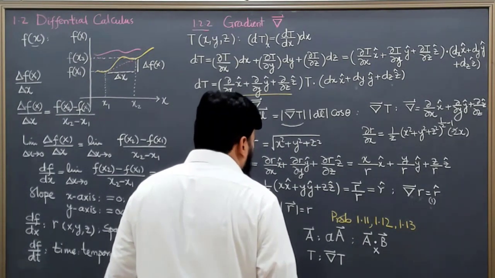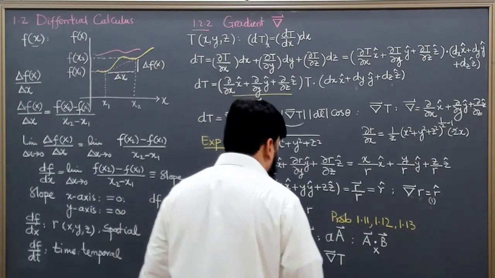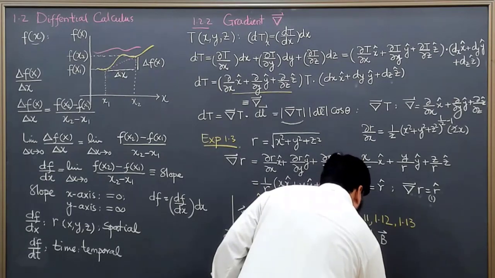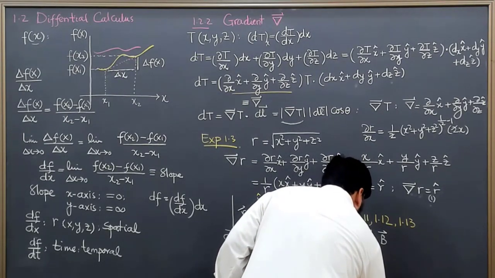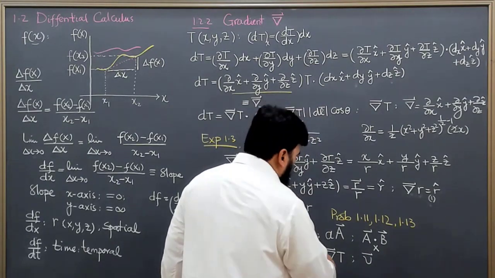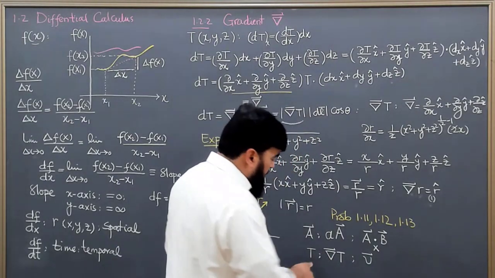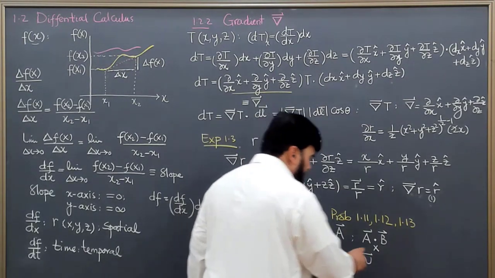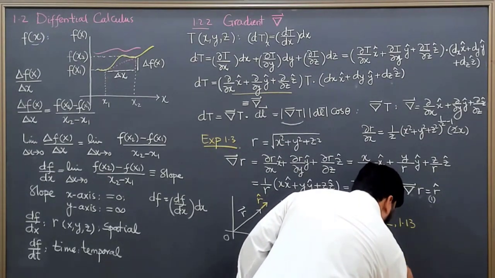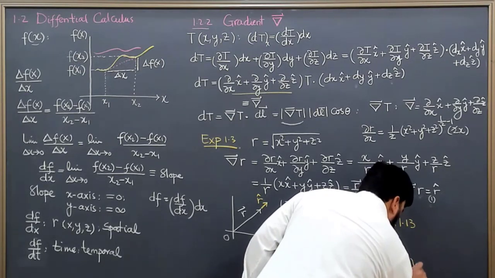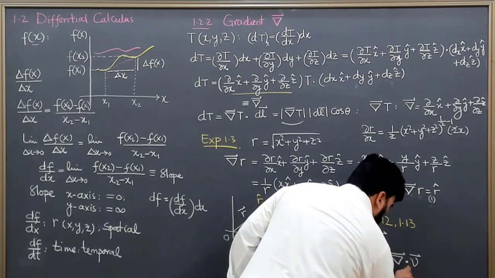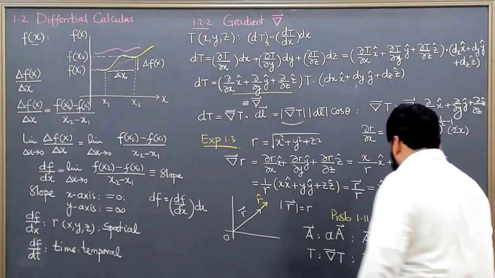And when we have vectors, for example, let's say we have a vector function v, and we want to apply this del operator, which is also a vector quantity, then the only way is that we write del and v. So the only way is to use either dot or cross between them.